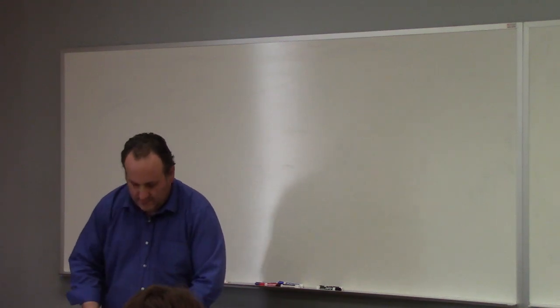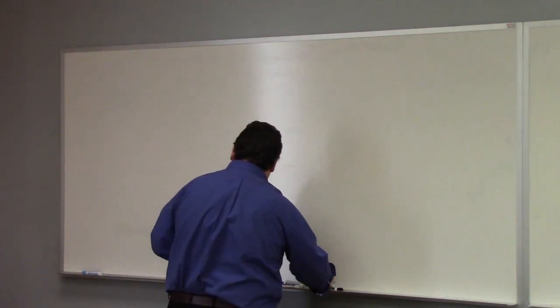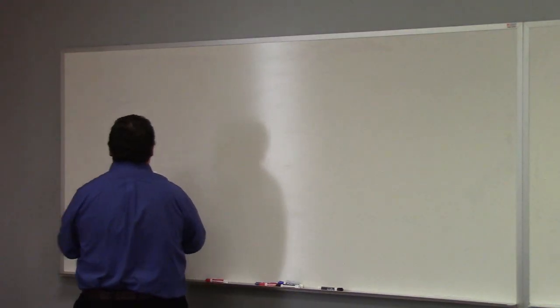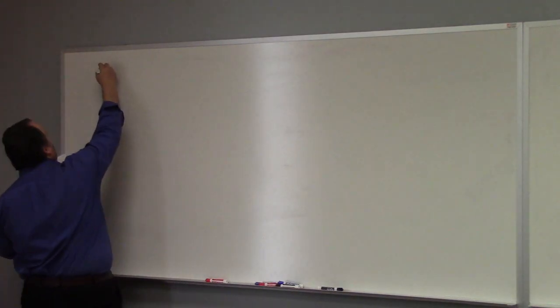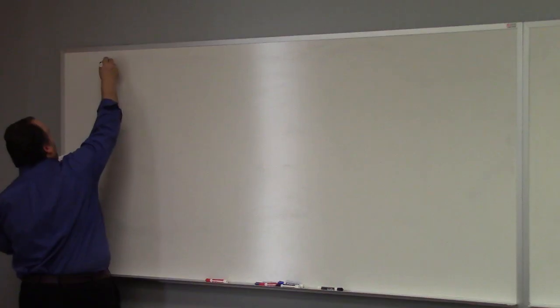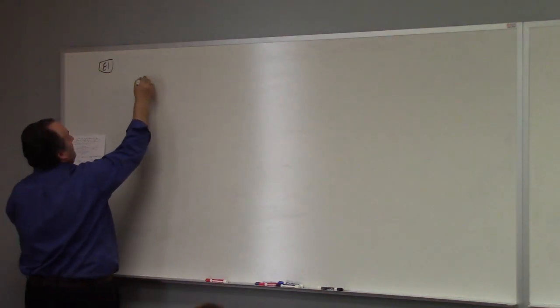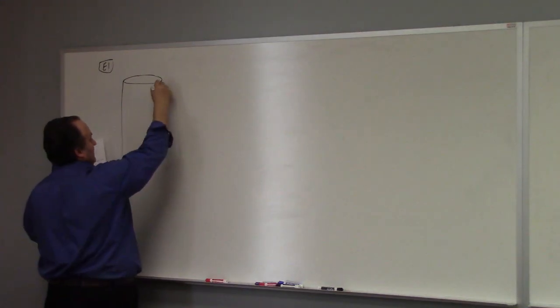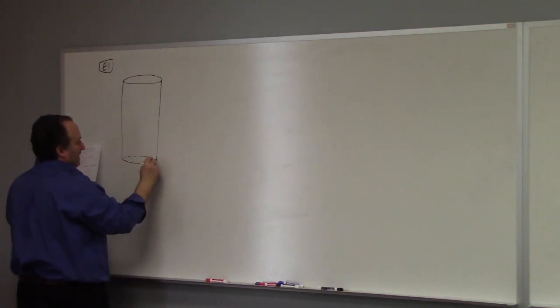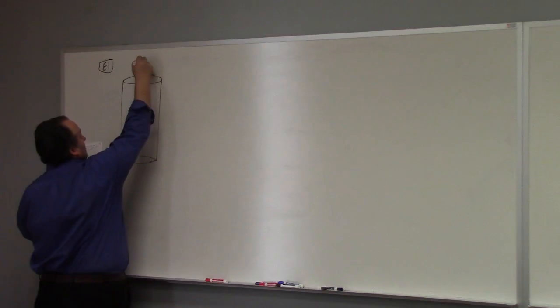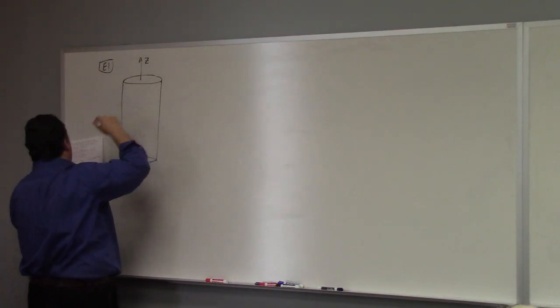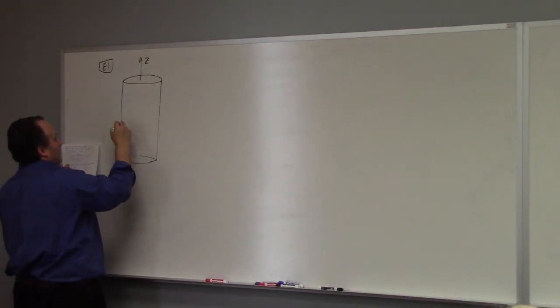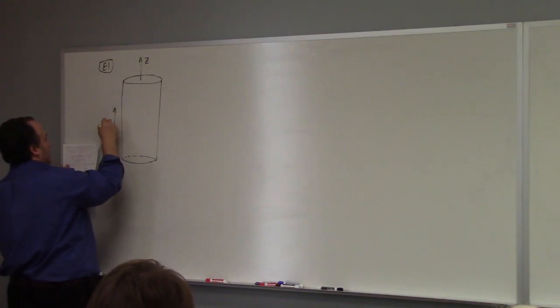All right, so here we have current. Example 1. I'll draw it vertically because I like that better. So here's the z direction, and we've got current flowing this way.